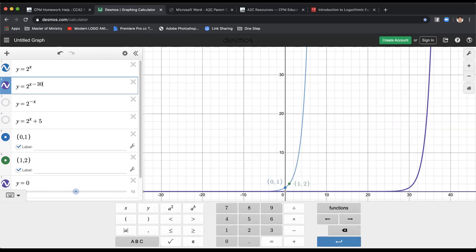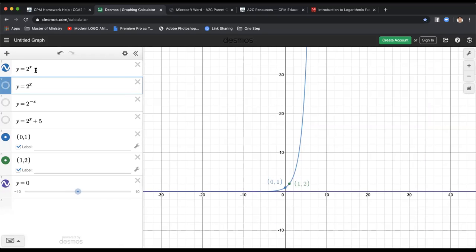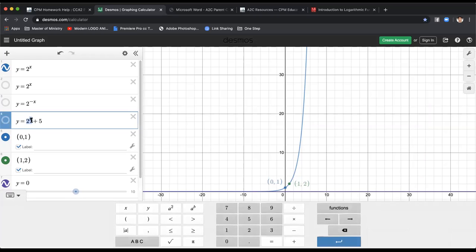Okay, what will happen if we take the original graph and add to that whole expression? We have originally 2 raised to x, right? Yes. And let's say we add 5. What would the graph of that look like? So let's show it.